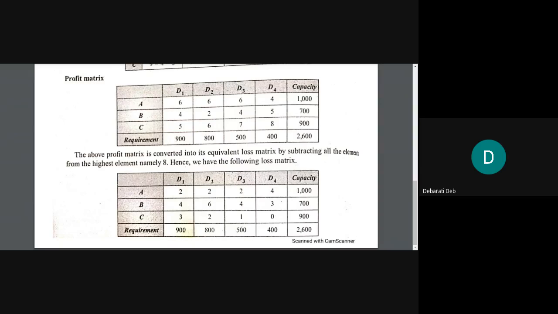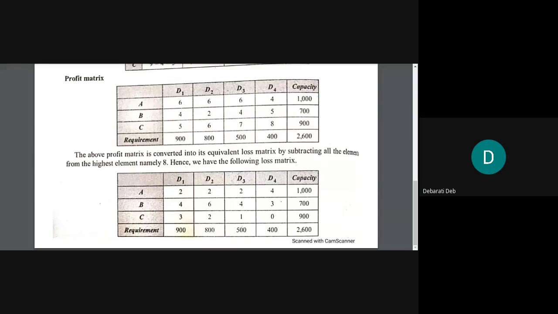Those all deal with costs. So once you find the profit matrix, you also have to convert it into its equivalent loss matrix. How will we do that? We will subtract all the elements from the highest element, that is 8. In the profit matrix, you identify the highest element, which we can clearly see is 8.